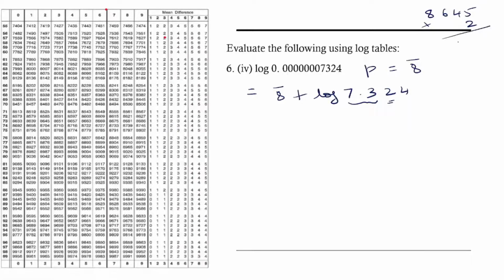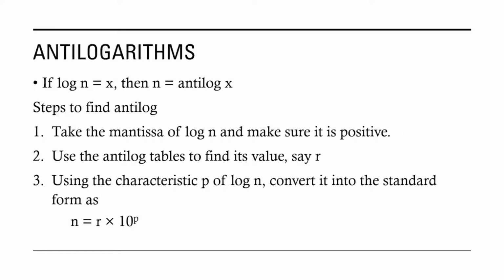So if we add, we get 8647. So this is equal to bar 8 plus 0.8647. So this is bar 8.8647. So the log of this number is bar 8.8647.